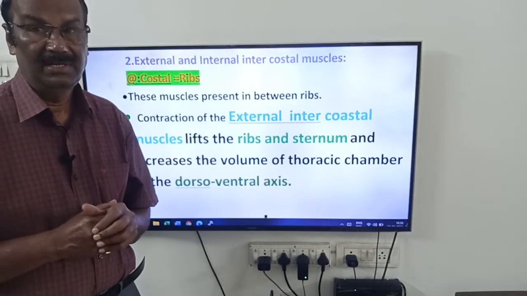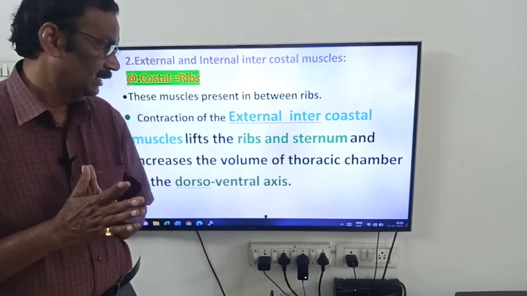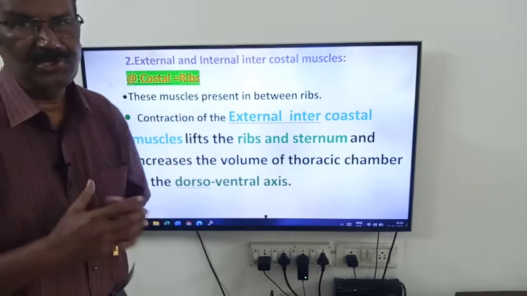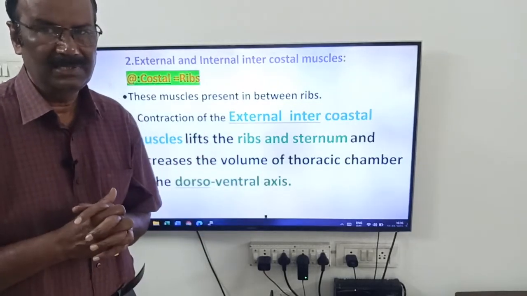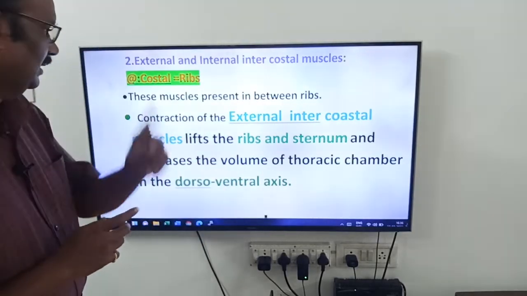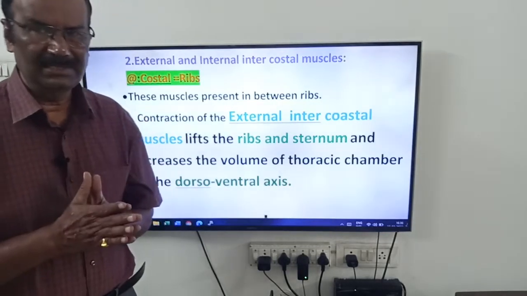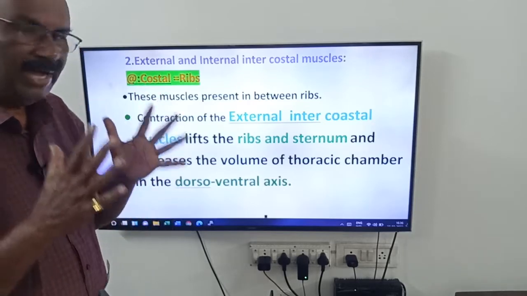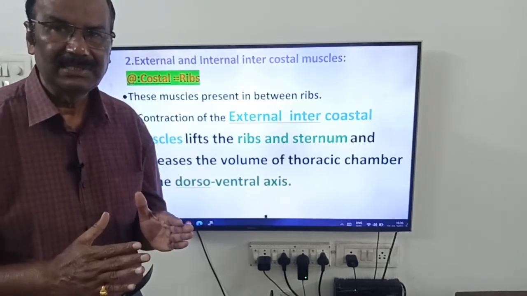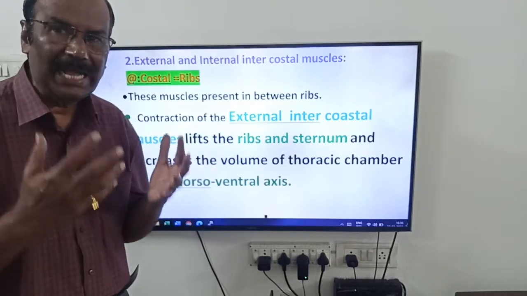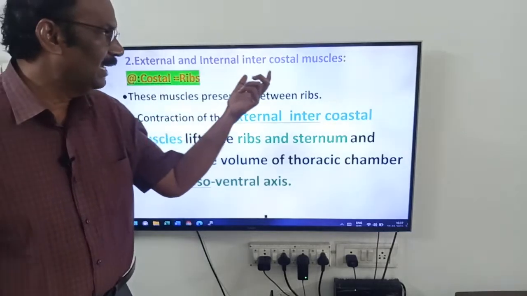See, friends, when the diaphragm contracts, the volume of the thoracic chamber increases in the anterior-posterior axis. When the external intercostal muscles contract, the volume of the thoracic chamber increases in the dorsoventral axis.